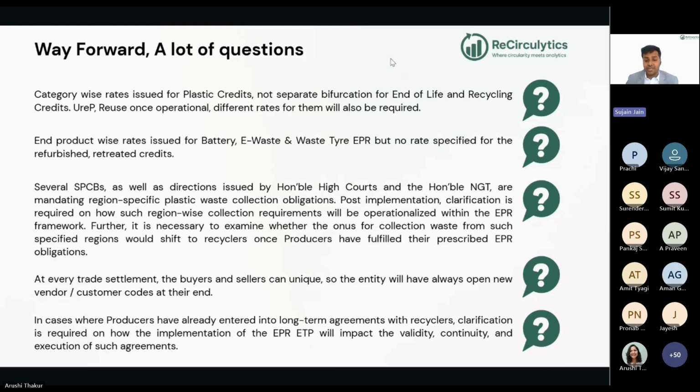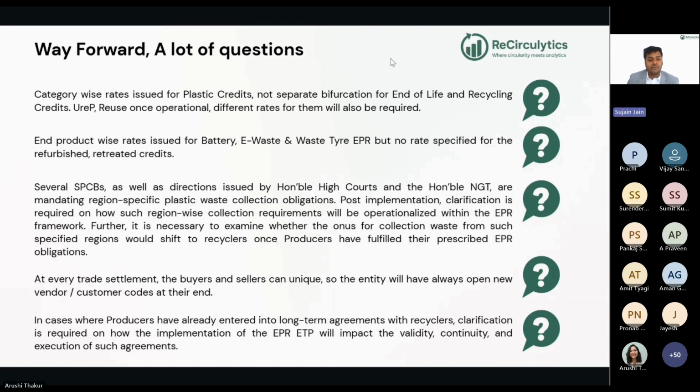Further, from a regulatory point of view, will the onus of collection of waste shift from the producers to the recyclers, since they would be the people who are responsible, or who are getting the benefit from the waste collection or the whole EPR framework? That is something which is a question with a lot of producers.